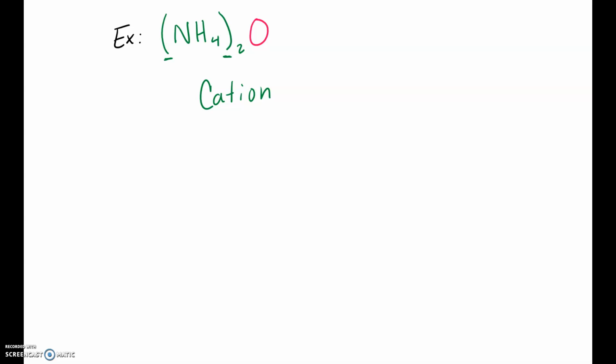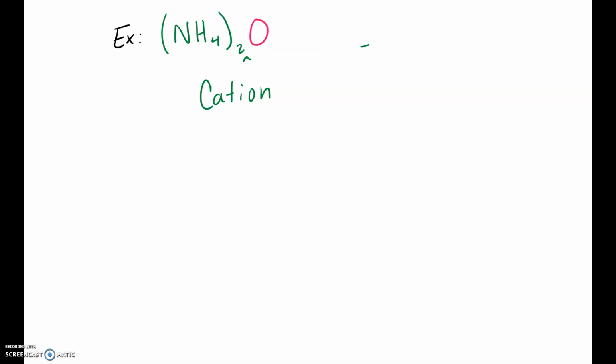Now, this is not always the case, okay? This subscript here tells me that there are two of these NH4 plus ions. But the parentheses are kind of a clue in this case that separate this group of elements from this element, okay?